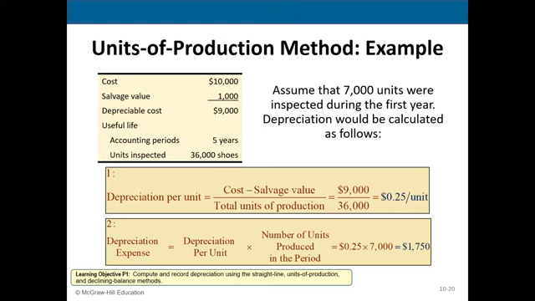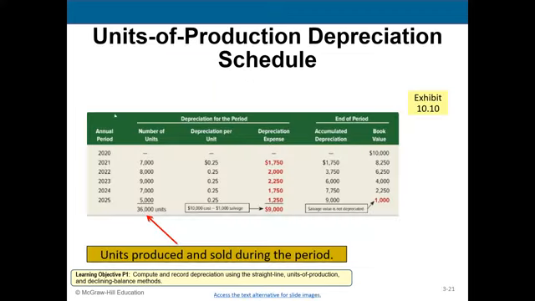And now you might ask, well, Dr. B, what about the other 4 years? Let me show you what it looks like. Remember, it's based off of the units of production, the number of units produced during that year. So I produced 7,000 in the first year. 7,000 times 25 cents is $1,750.